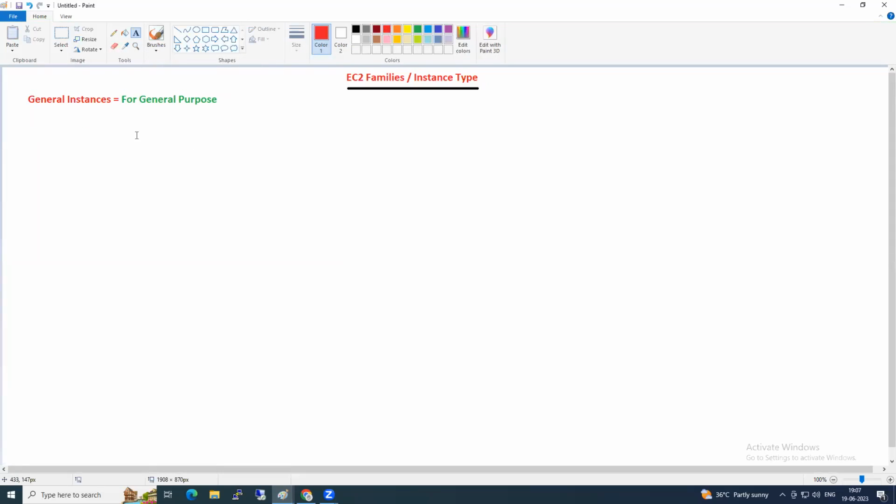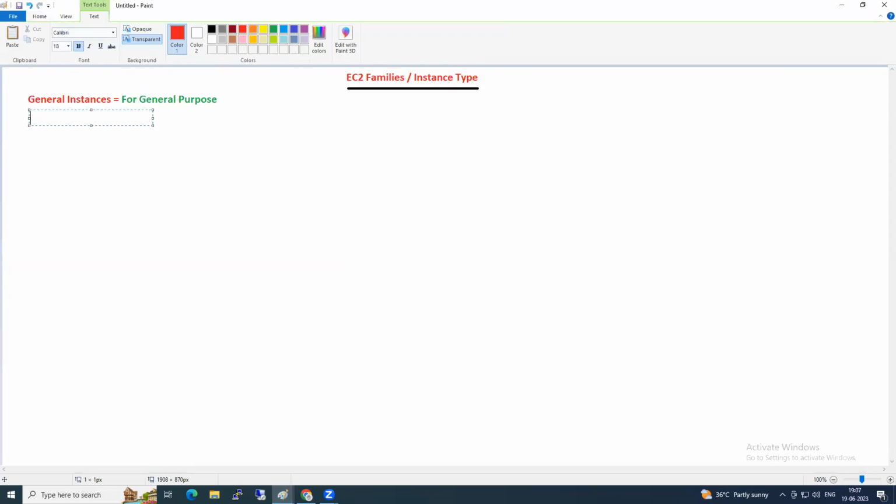And then you have memory instances. Memory instances mean if you need more memory for your application, go for this. This family has different types of memory machines.